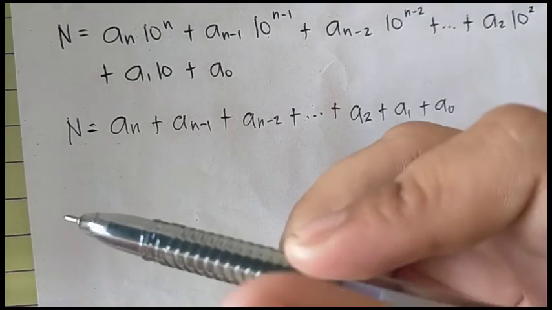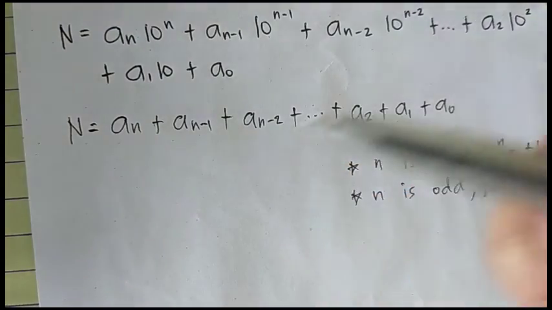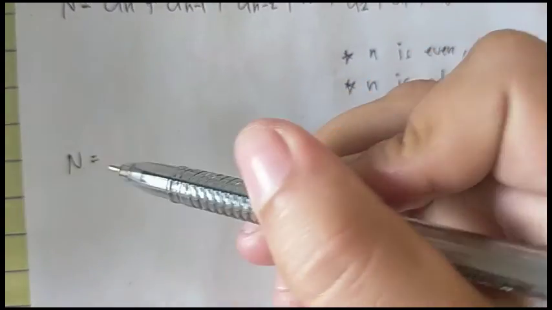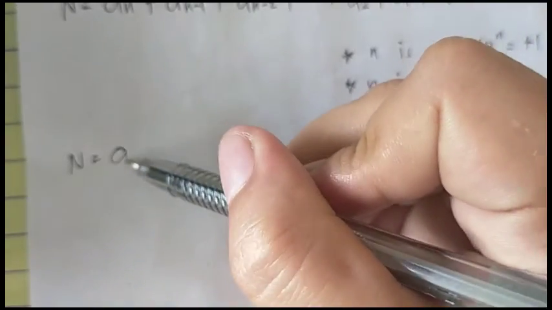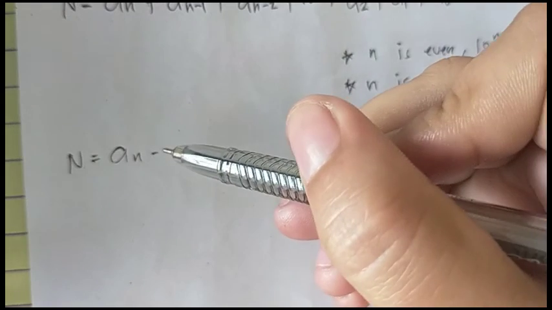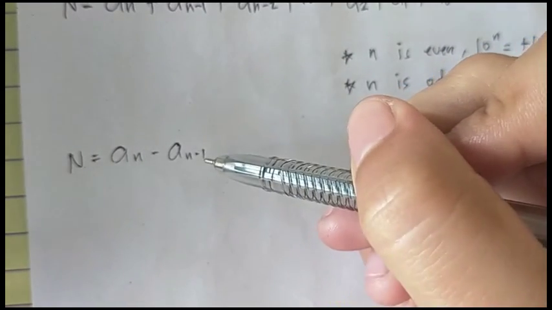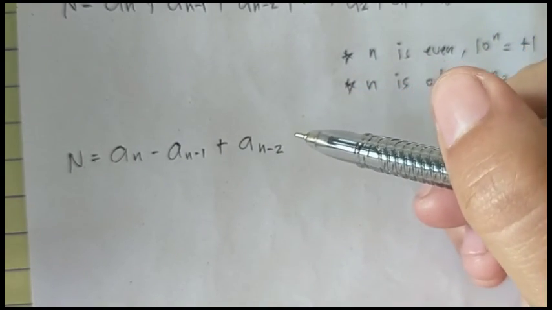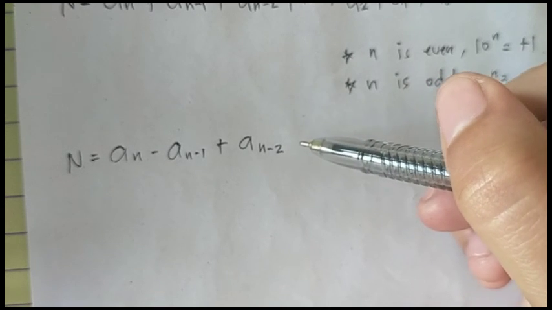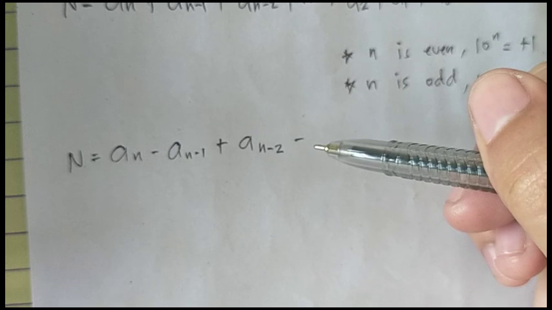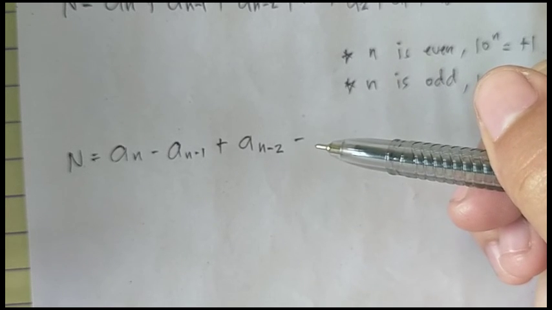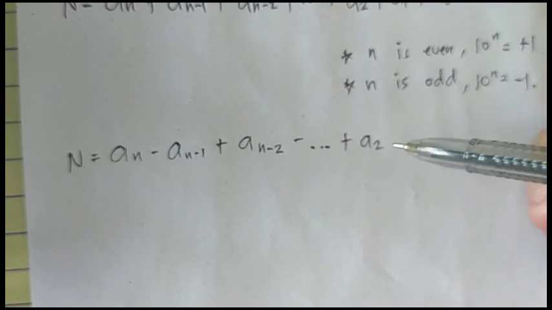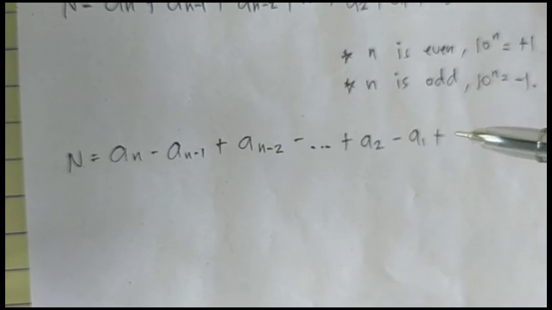So if n is even, then we have n is equal to a sub n minus a sub n minus 1 plus a sub n minus 2 minus dot dot dot plus a sub 2 minus a sub 1 plus a sub 0.